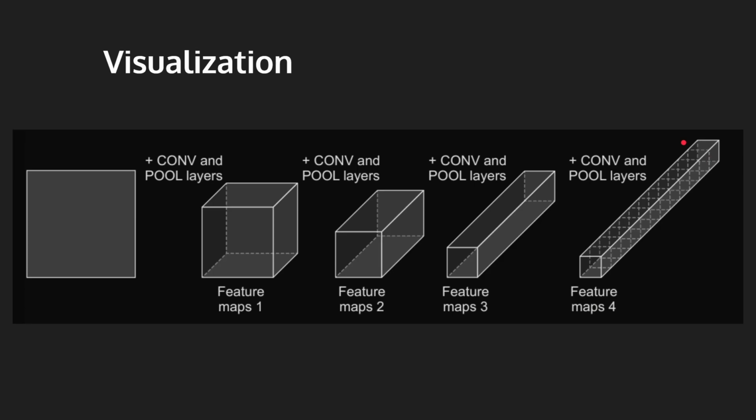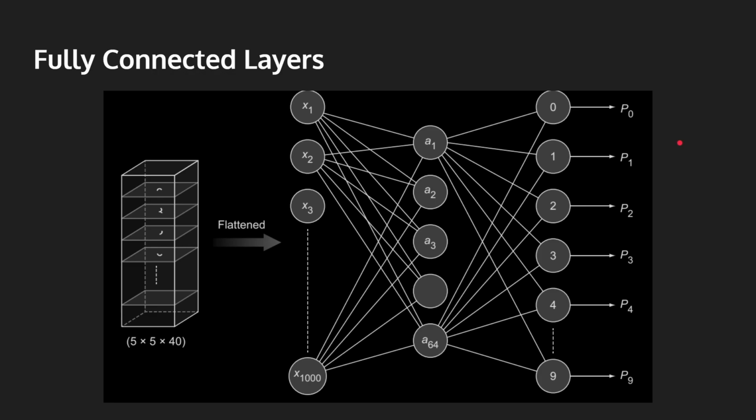Alright, so now let's talk about fully connected layers. So why do we actually need fully connected layers? Right, so after going through pooling layers and convolutional layers, we have this extracted feature tube, and then we basically pass this to our MLP.